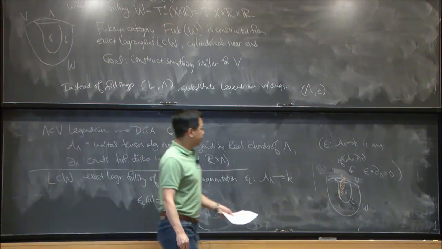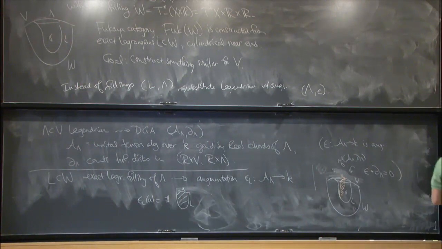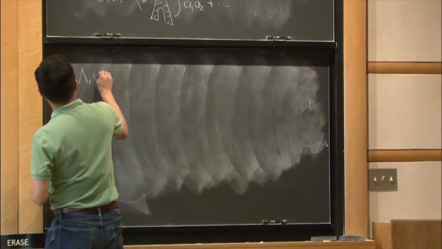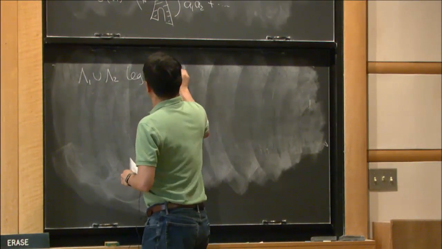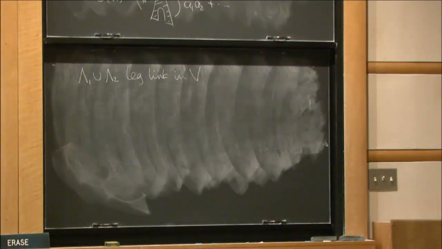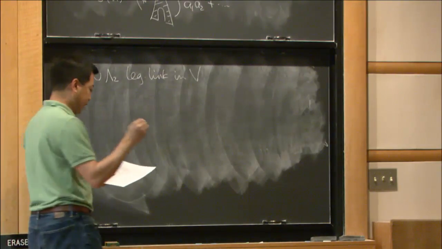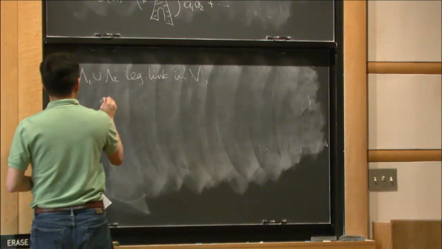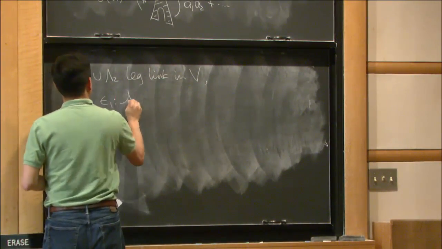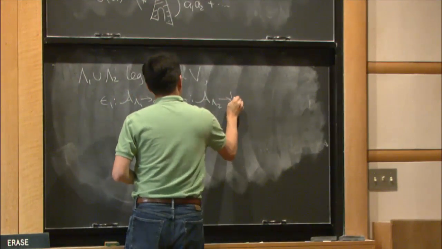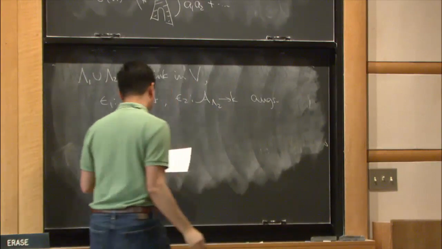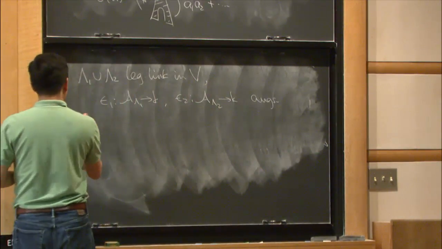And now I want to tell you some further structure on this. So here's the setup. Suppose we have a Legendrian link in V. So we have two disjoint Legendrians, lambda 1 and lambda 2. And let's suppose that we have augmentations on both of those things. So we can construct a linear complex.